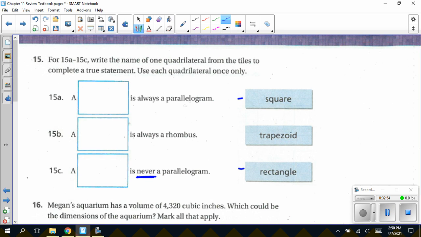So therefore, because I have that word always, I'm going to have square in B. So then going back up to A, I know that rectangle would always also be a parallelogram. And then finally C, a blank is never a parallelogram. Well, we know that that was our trapezoid. The trapezoid club never got to go to any others. So trapezoid.